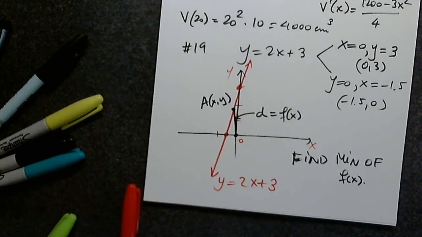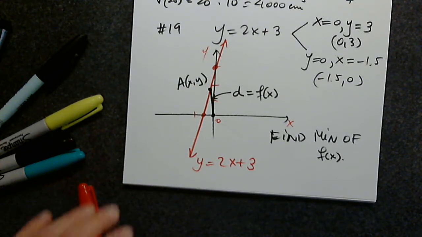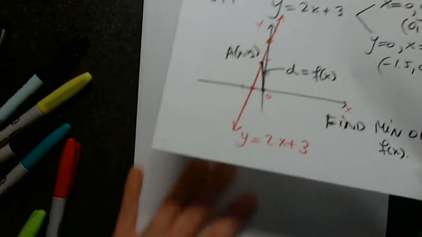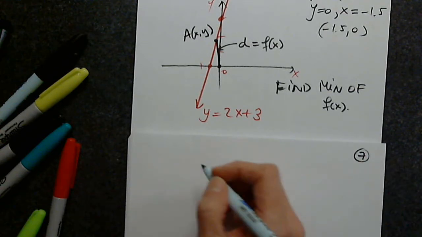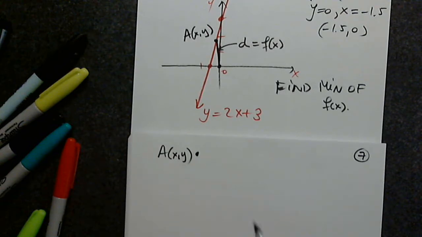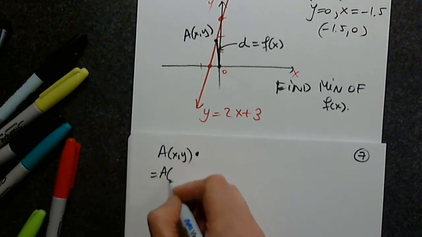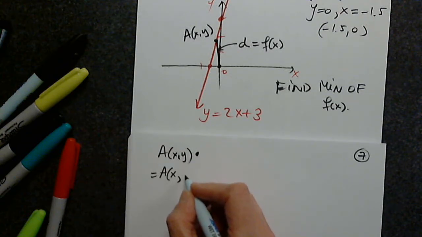But I have to find the function first. I have to have a function that gives the distance between A and the origin, and then I will find the minimum. That, from that point on, is not going to be hard. So I have 2 points. I have a point A of x comma y.